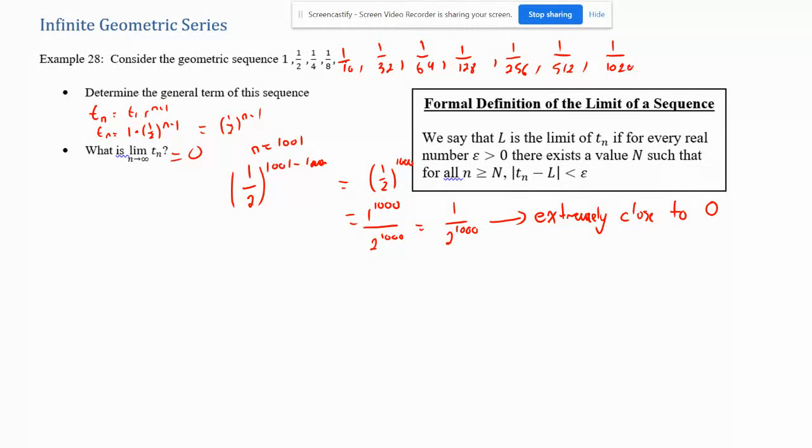like if you look at this decimal, what's 1 divided by 1,024 equal? Well, it's 0.0009765... So this is only the 10th term, okay.